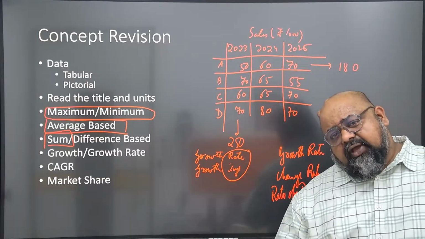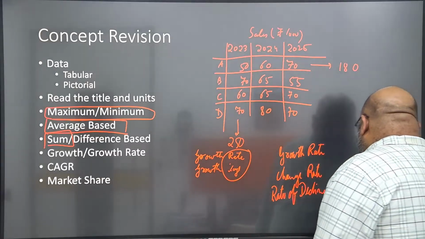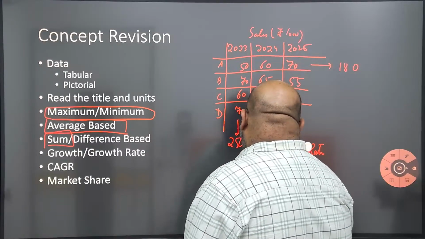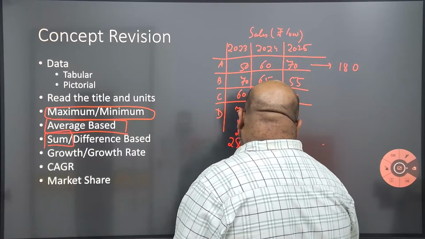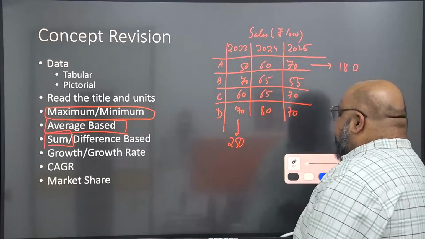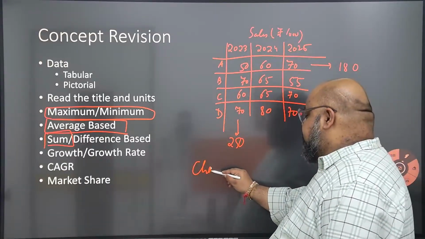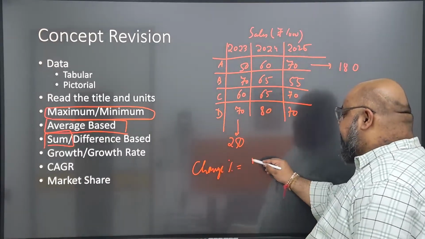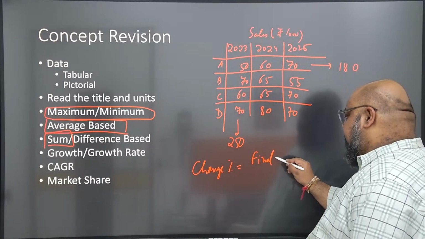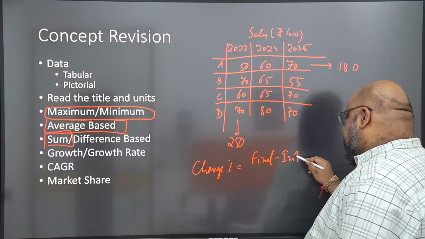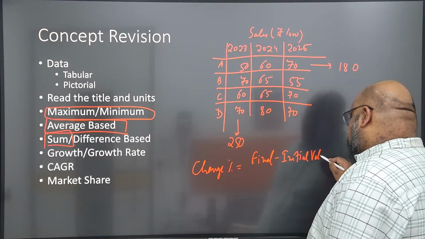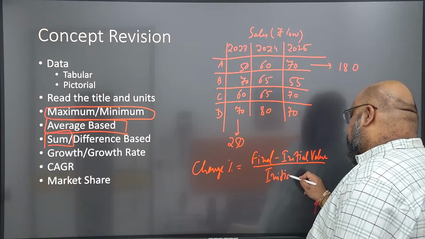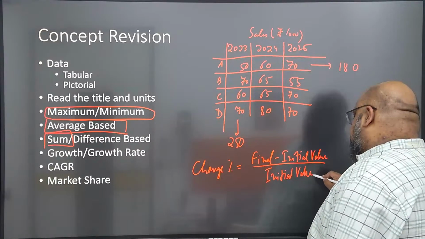Right? Now, how do we calculate change percentage? Change rate or change percentage, as we know from the topic percentage, is given by final value minus initial value upon initial value into 100.